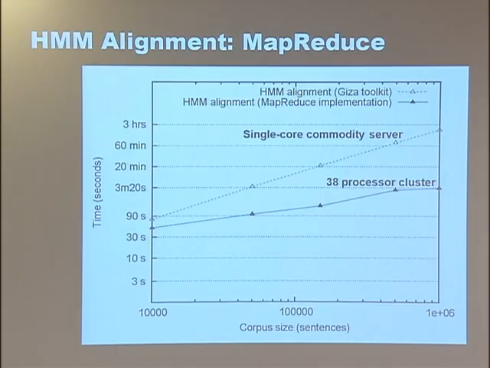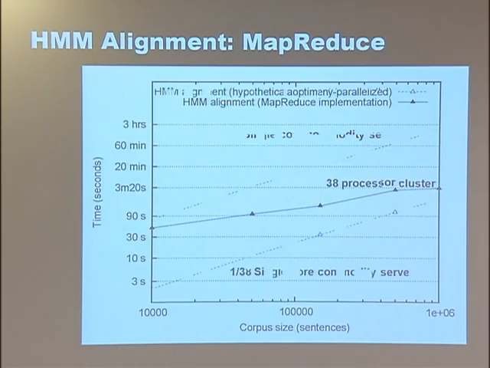Okay, fine. So why don't we do this? Take this time and divide it by 38. What does that mean? That means if I had optimally parallelized code and it runs in an optimal fashion, if I run it on 38 cores, it should run in 1/38 of the time, right? This is optimal linear scaling.